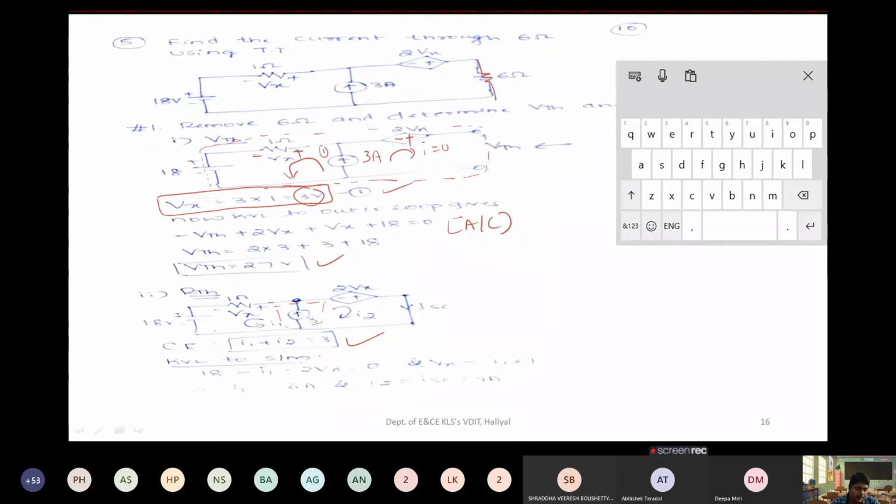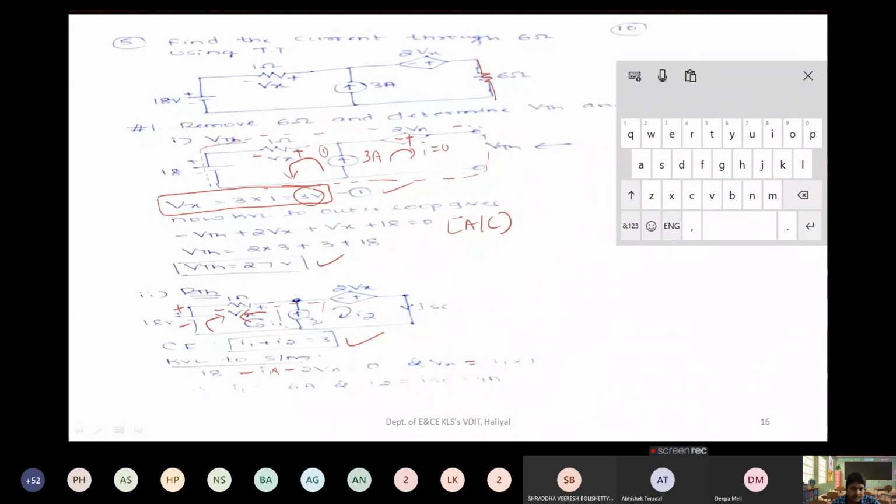Then KVL to the supermesh, meaning this entire network, starting clockwise here: minus 18 plus what you have here is I1. So why is this minus I1? Because the loop current is flowing like this, and we are going in the opposite direction. So that will be minus I1 into 1. This is the same as I1 into 1, and here you have minus 2Vx equal to 0.